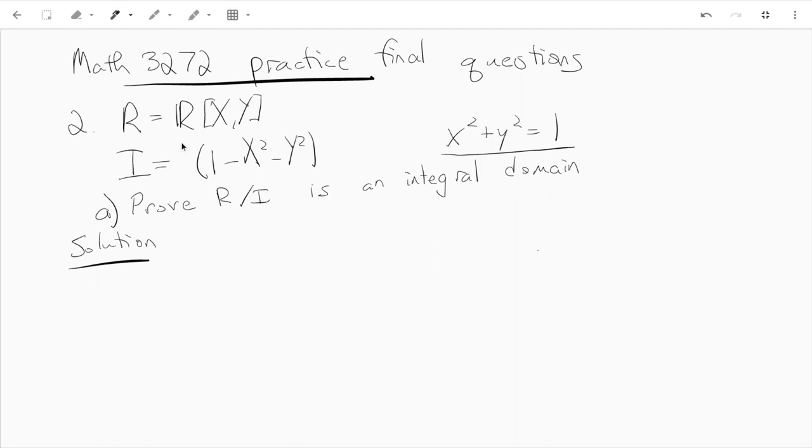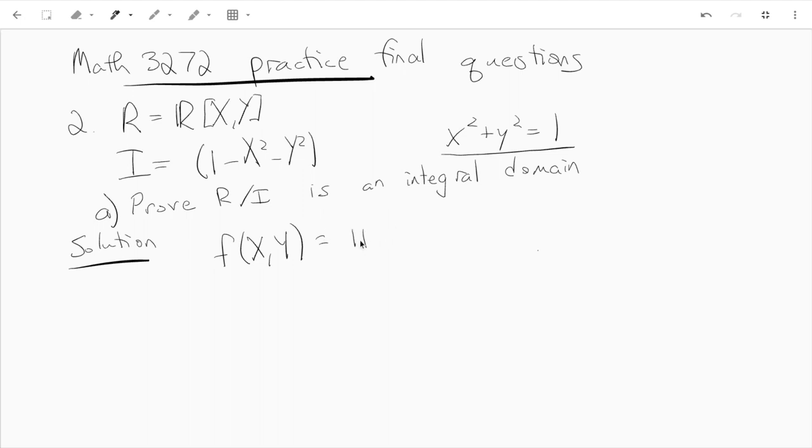Okay, so what is R? It's the polynomial ring in two variables with coefficients in the real numbers. So a typical element of R is like f of x, y, and what's an example?